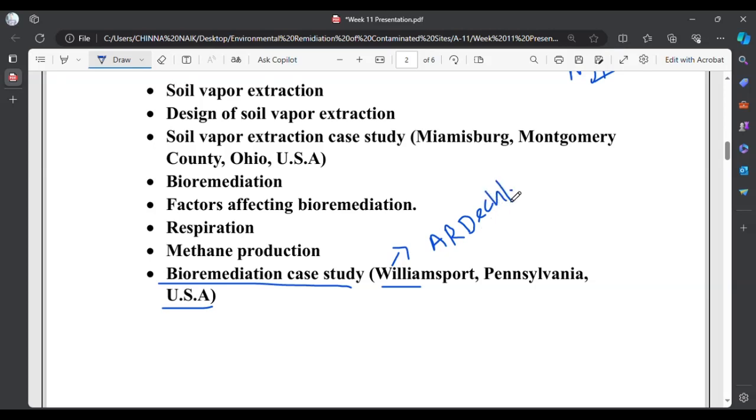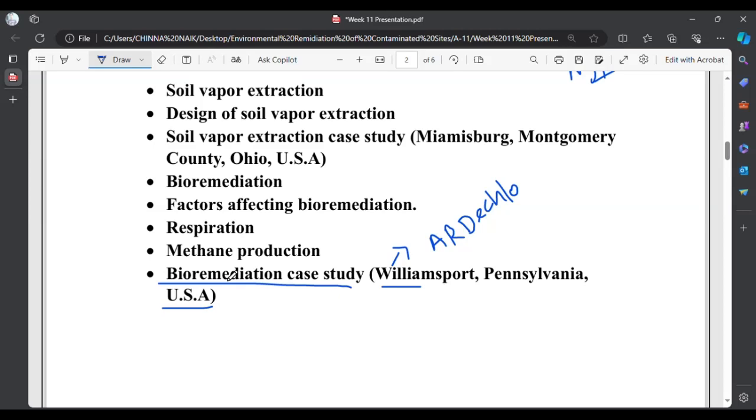We already discussed that dechlorination occurs with the help of methane, which can be generated from fermentation. In the fermentation process we add molasses, which acts as an electron donor.